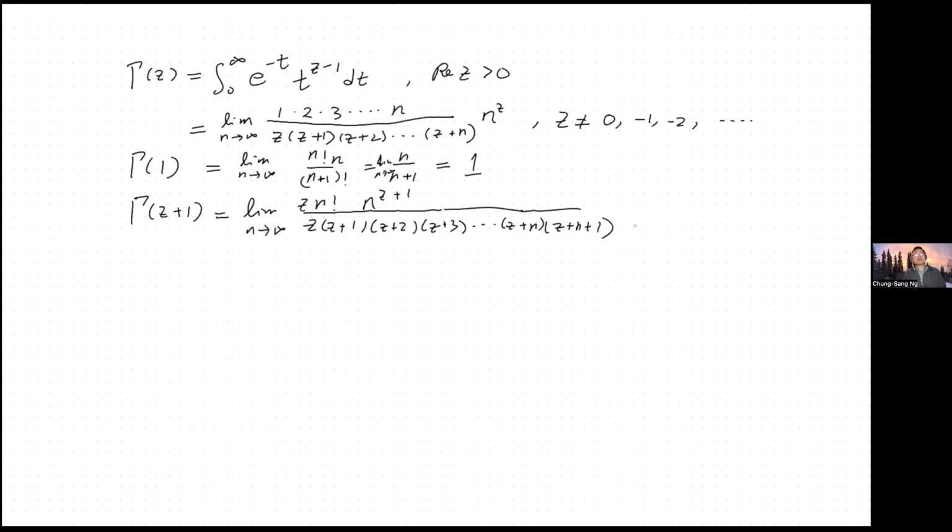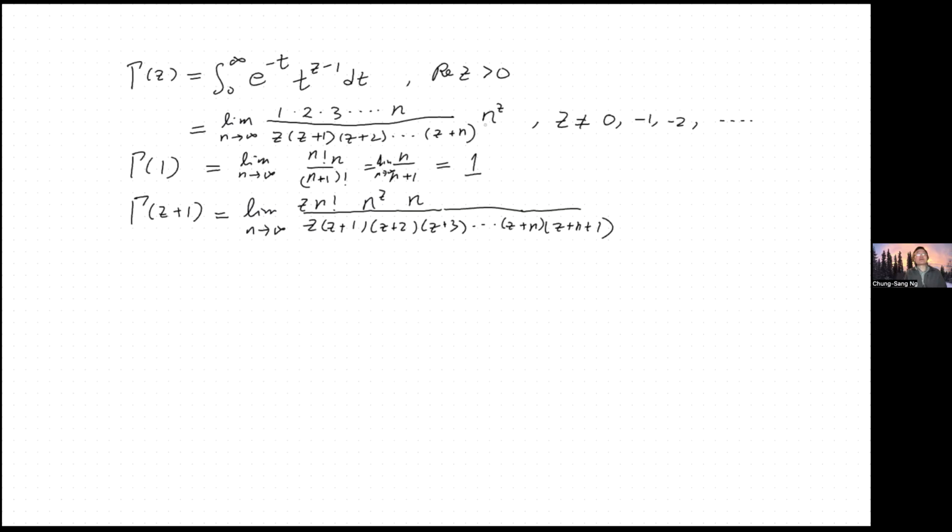Then you take the limit. You write this n to the z plus 1 as n to the z and an extra n here. Now you see that except for this factor and the extra factor, the rest is just the old gamma function, just this definition.